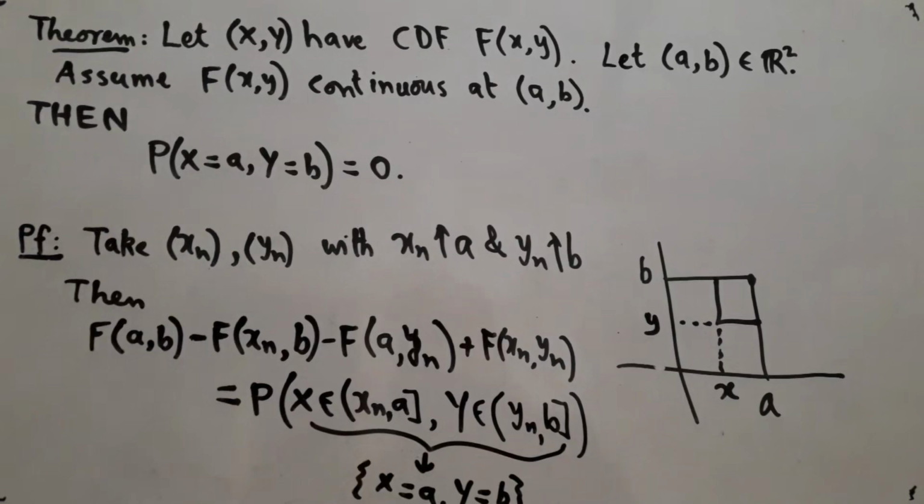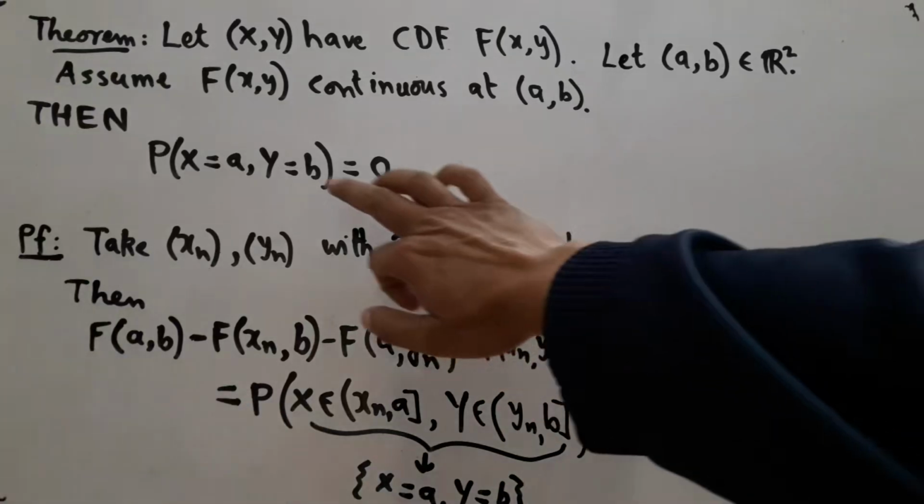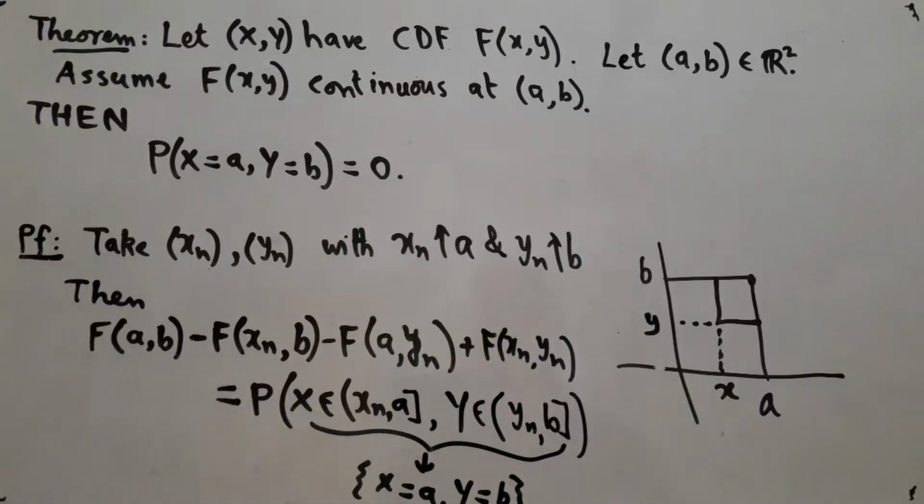And so, by continuity of probability, this will converge to the probability here. But since I have F continuous at (a, b), the limit of this equals F(a, b), limit of this is also equal to F(a, b), and limit of this is also equal to F(a, b). Since there are 2 plus terms and 2 minus terms, they cancel off and give you 0. As a result, you get the theorem.